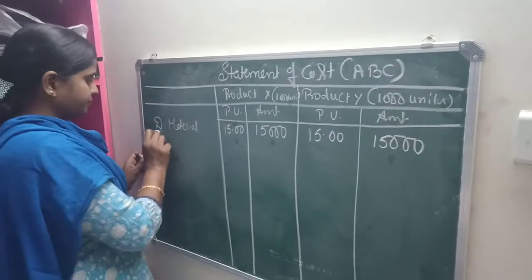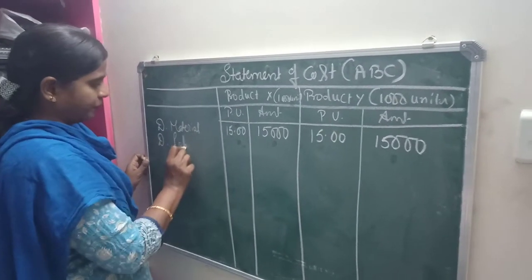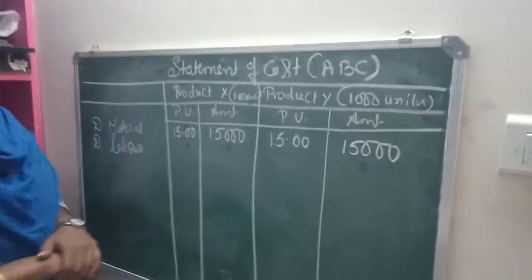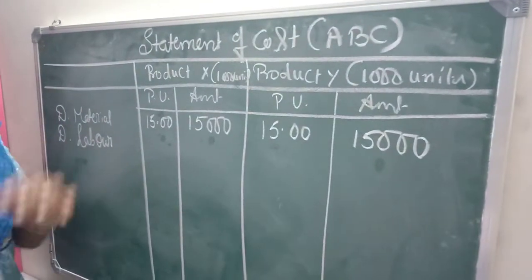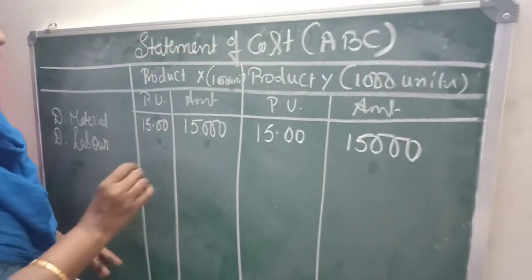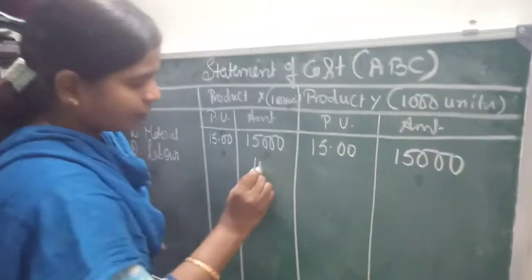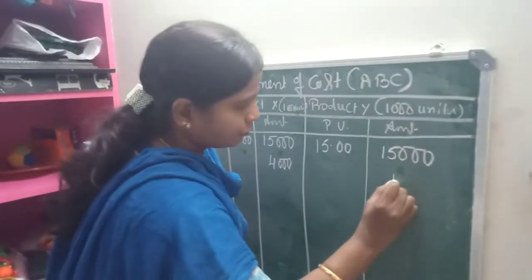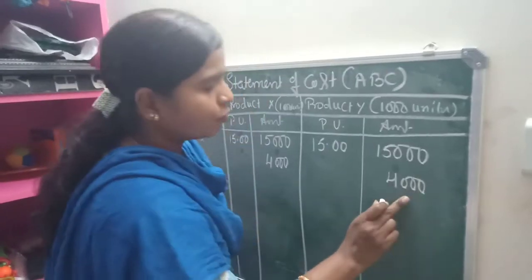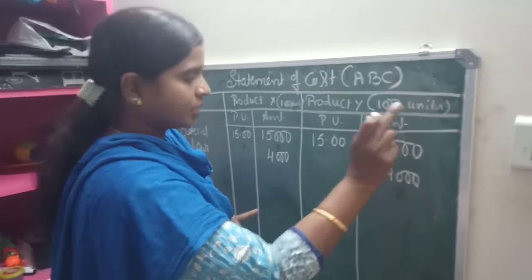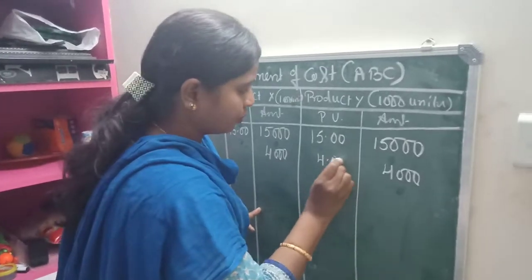Next one is direct labor. The direct labor is 8,000 rupees. 8,000 rupees is divided equally, therefore 4,000 each. 4,000 rupees divided by 1,000 units, per unit is 4 rupees.